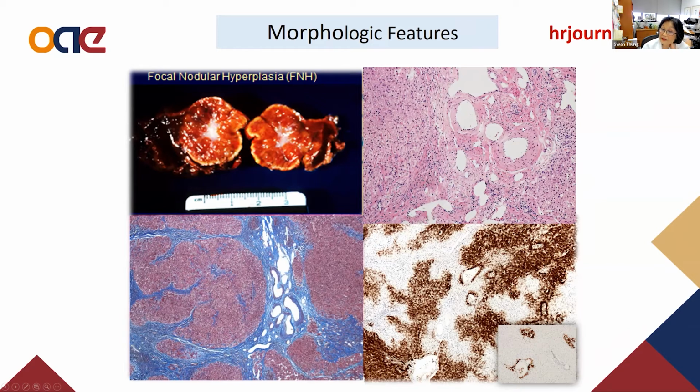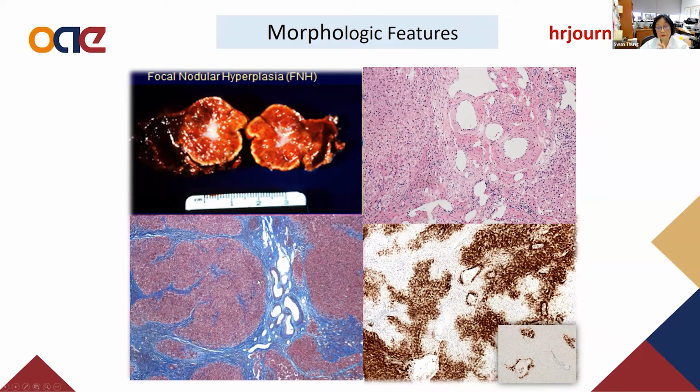So we know that this is not representing a large portal tract. And from the central scar, as you can see here on the trichrome stain, you still see the multiple abnormal vessels, but spreading out from the central scar are the fibrous septa, and sometimes, especially closer to the central scar, you will see nodules.